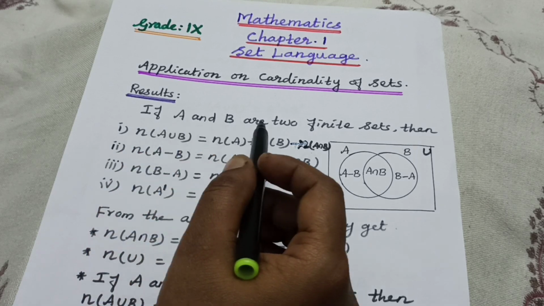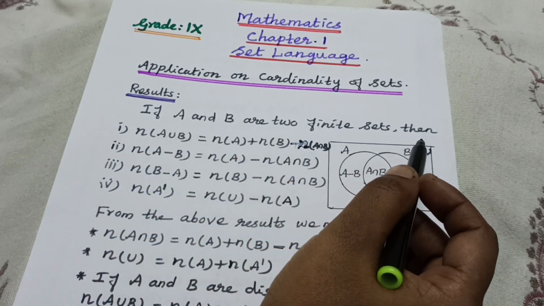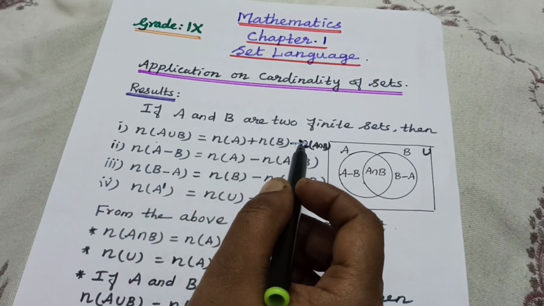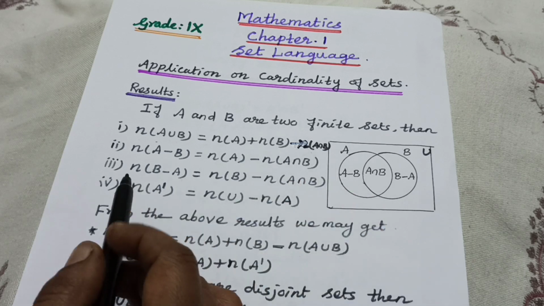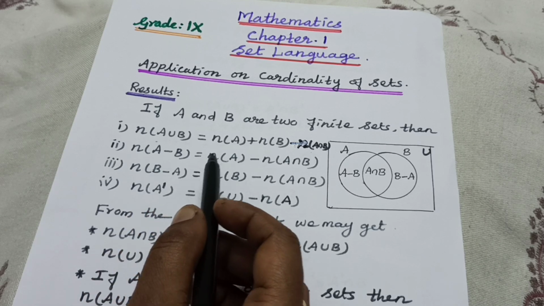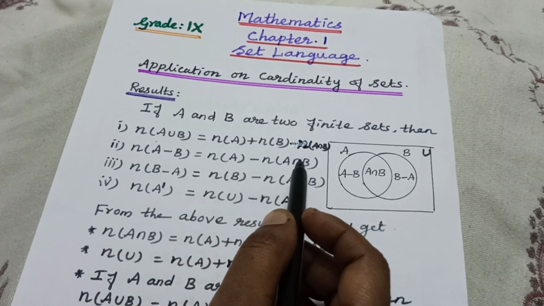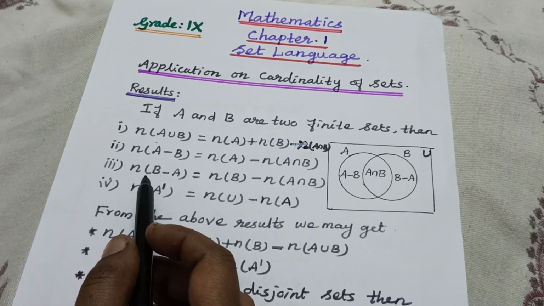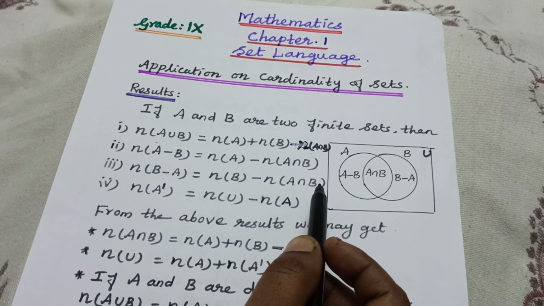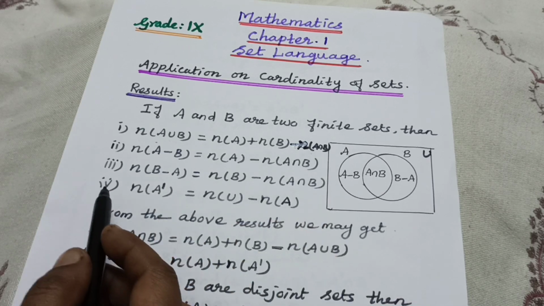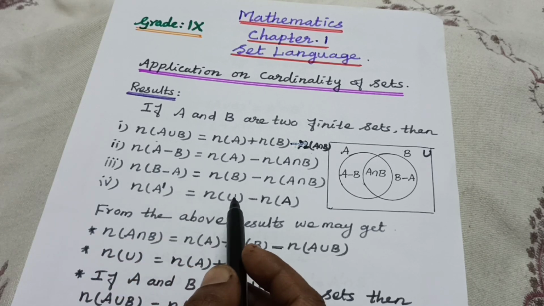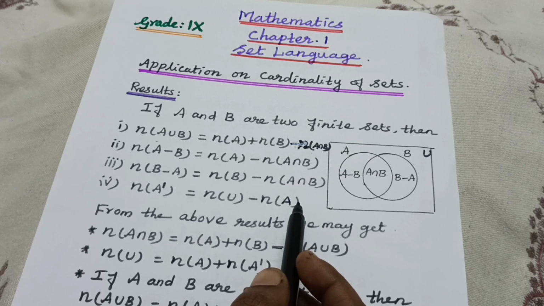If A and B are two finite sets, then n of A union B is equal to n of A plus n of B minus n of A intersection B. Second one, n of A minus B is equal to n of A minus n of A intersection B. Third one, n of B minus A is equal to n of B minus n of A intersection B. Then fourth one, n of A dash is equal to n of U minus n of A.